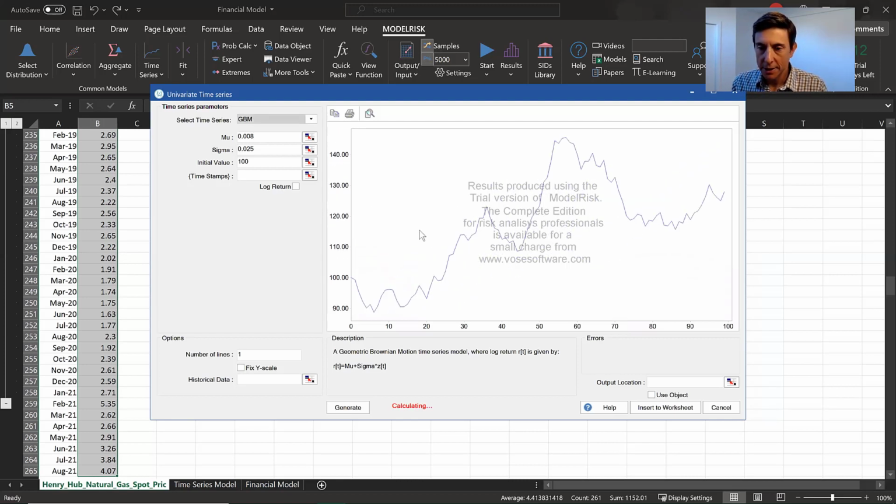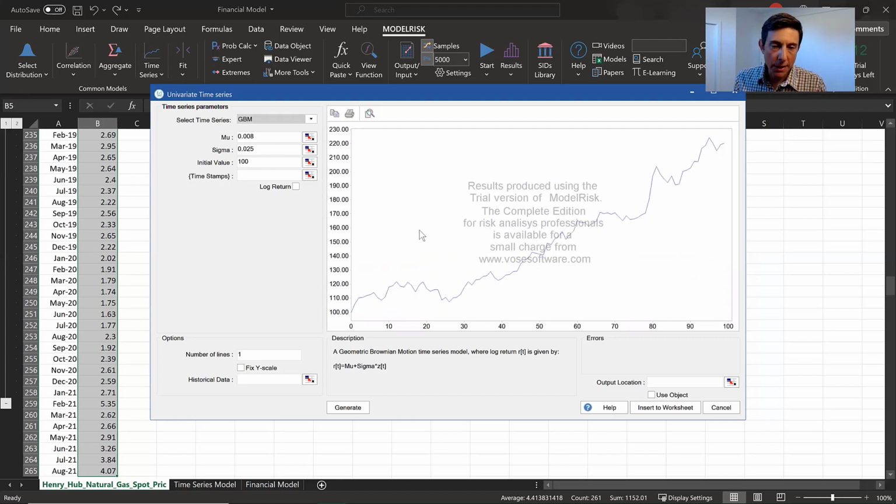The drift is more clear. The geometric Brownian motion is typically used for financial assets, assets that are in nominal terms. It is the theoretical stochastic process behind the Black-Scholes formula for valuing stock options.